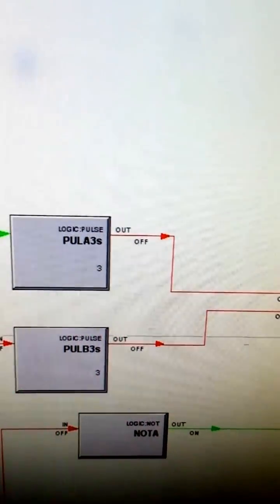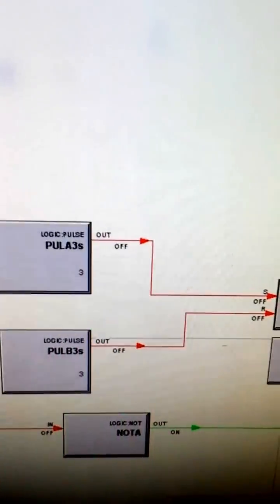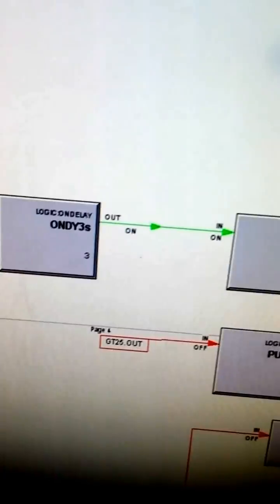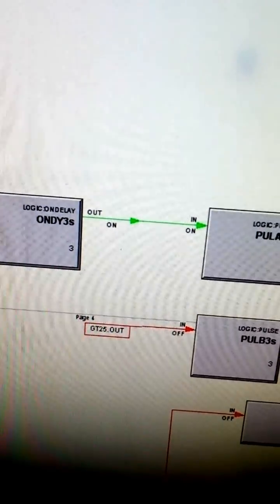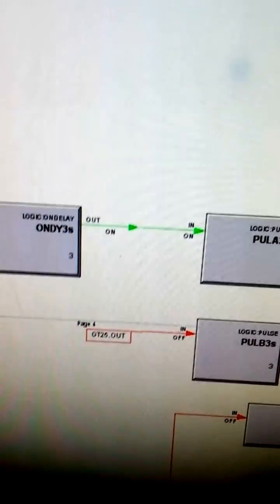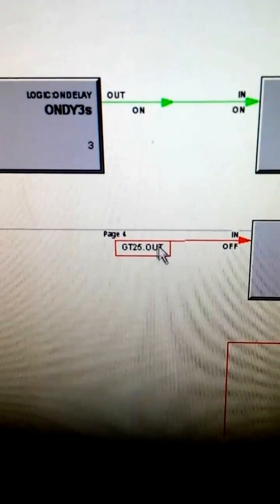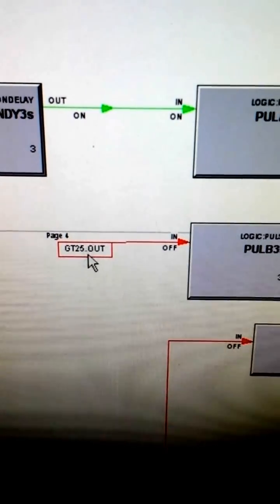Okay, so after that, if the set condition is logic 1, the output would also be logic 1. But for the reset, or off state of this set reset logic, this condition will be satisfied.